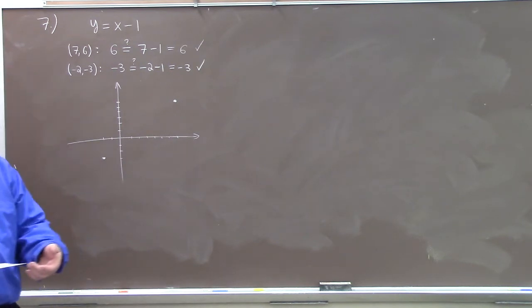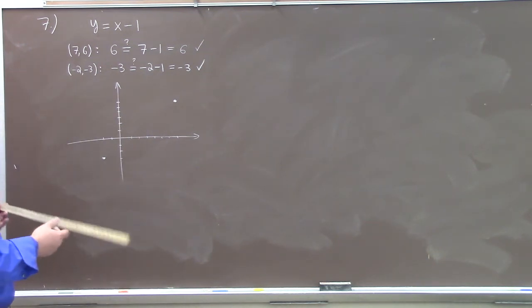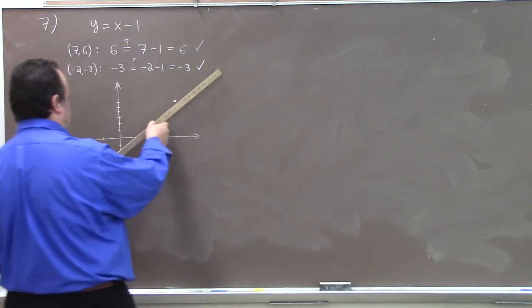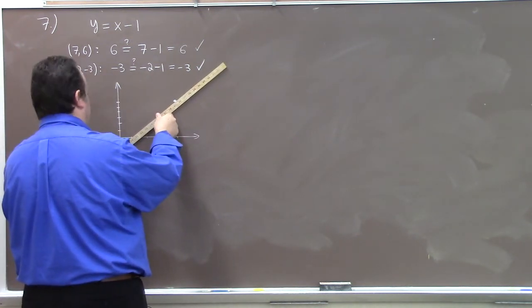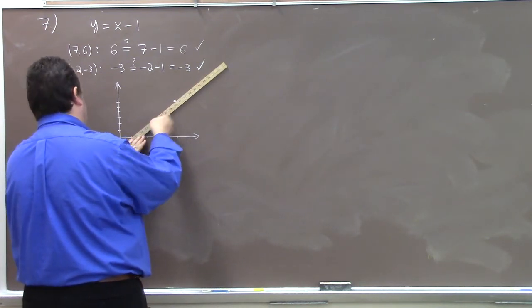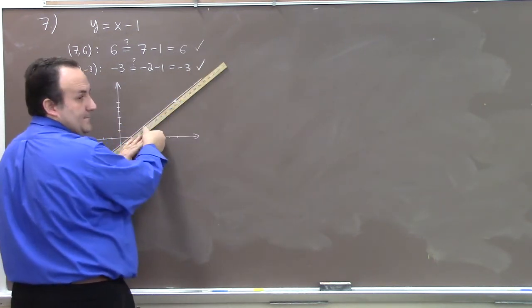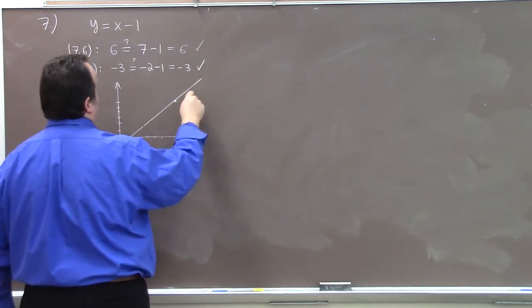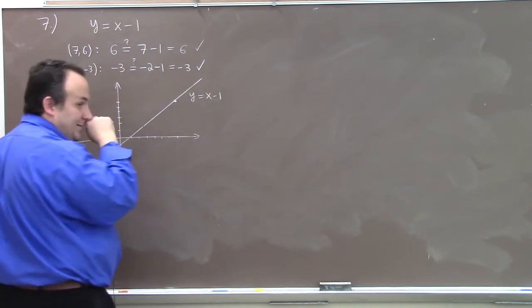The question is to find another pair that makes the equation true. I'm not really solving the problem at the moment, I'm just pointing out that this line looks like this. So that's the graph of y equals x minus 1.